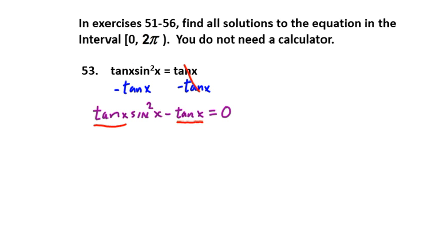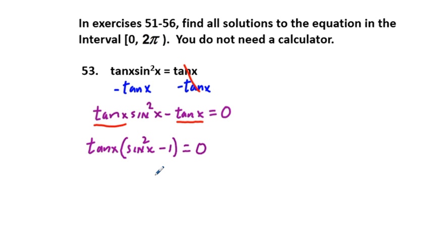Well, tangent x times what equals tangent x sine squared x? So that's going to be simply sine squared x. And what times tangent x equals minus tangent x? So that's going to be minus 1. That's equal to 0.